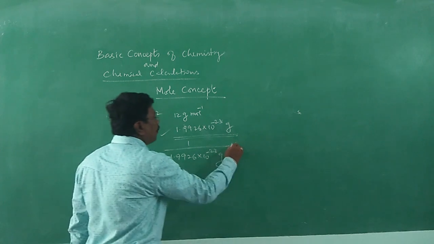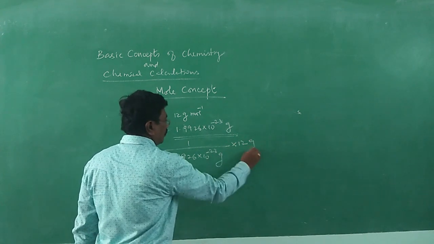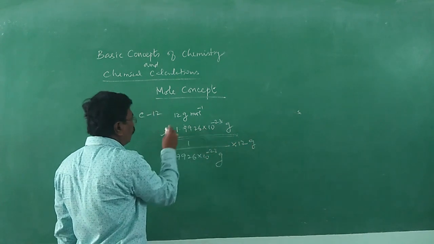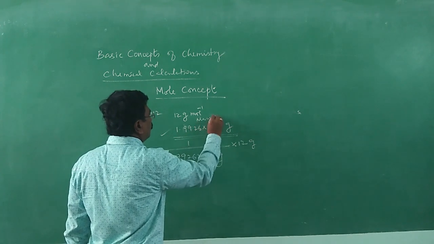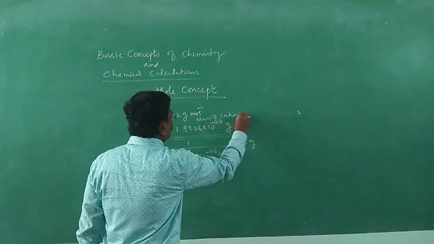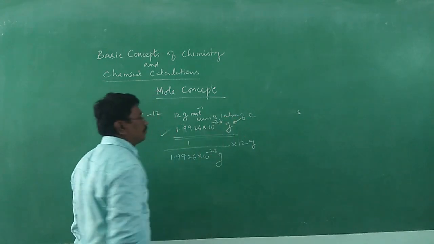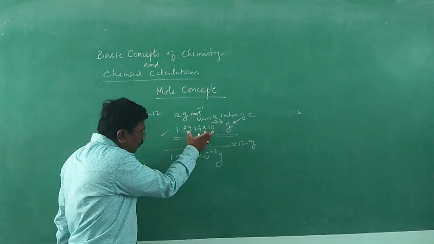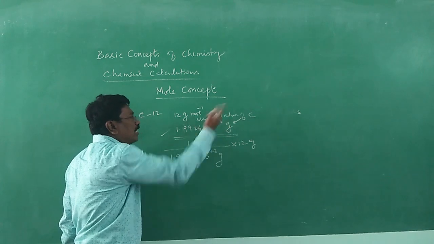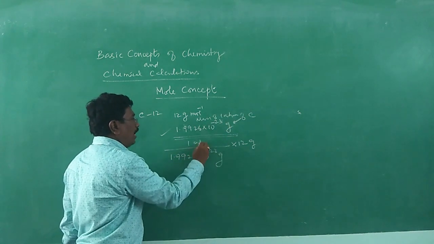Therefore, 12 gram corresponds to how many atoms? So, mass of 1 atom of carbon is this much. That means this much mass of carbon corresponds to 1 atom of carbon.